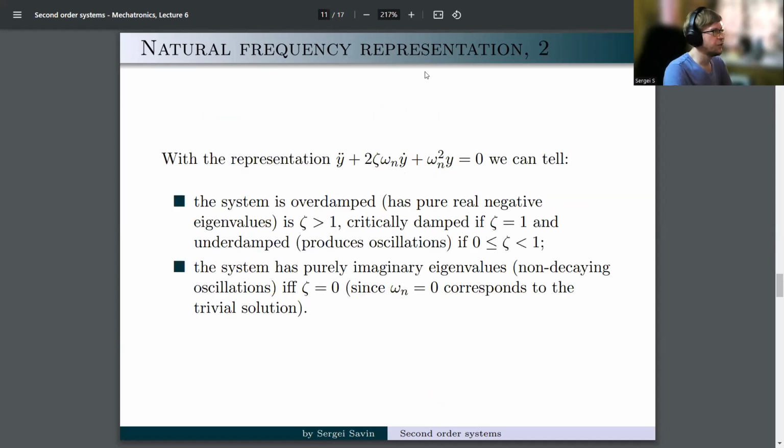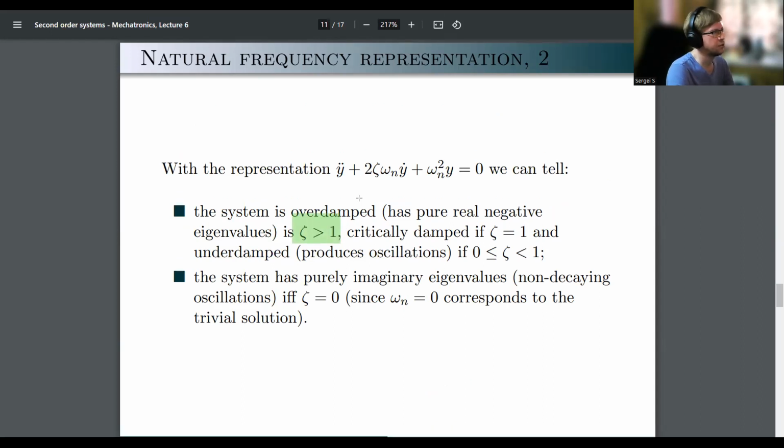All right. So you can see why this representation is so nice, because it is very easy to memorize. The previous one was kind of complicated. No one was going to memorize anything there. This one is very easy to memorize. Bigger than 1, stable through negative eigenvalues. Equal to 1, stable but critically damped.